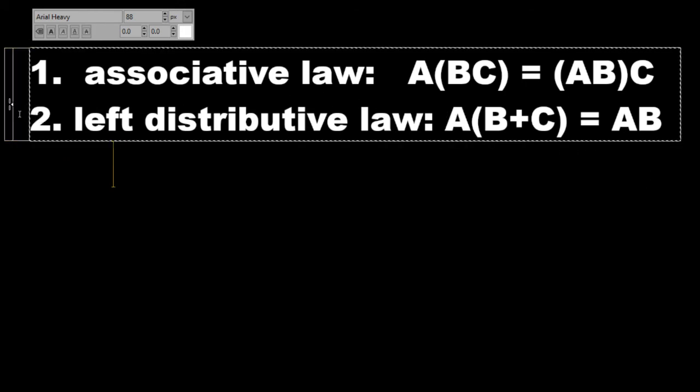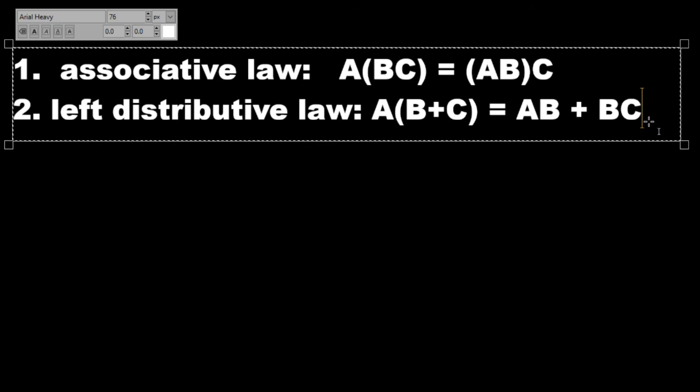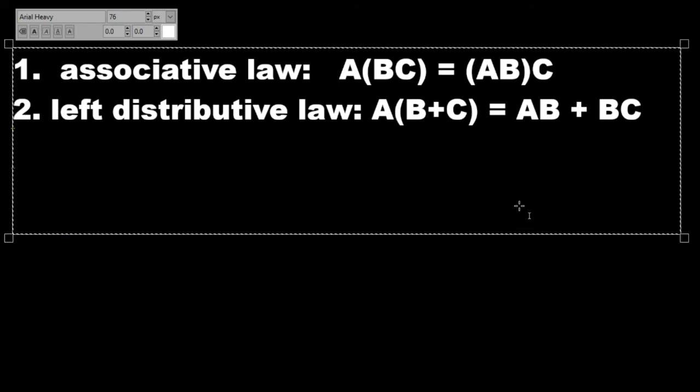And once again, we've ran out of room, so let me shrink this down a little more. There we go. So that is the left distributive law. And of course, you might be used to seeing this if you're used to algebra. This would be A times B plus A times C. That holds true.